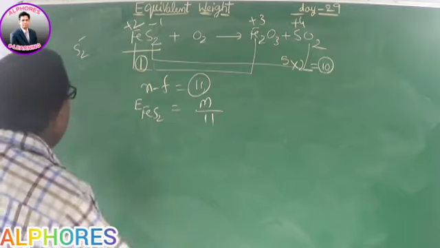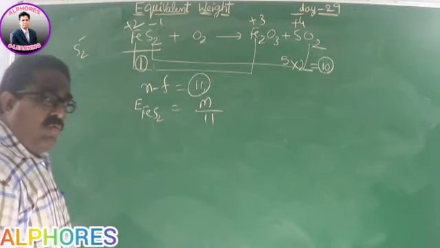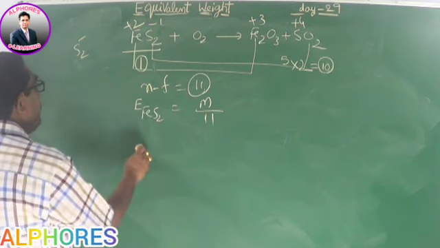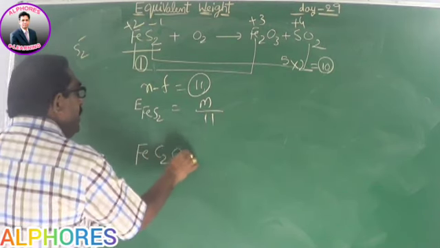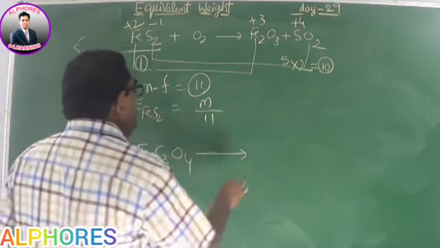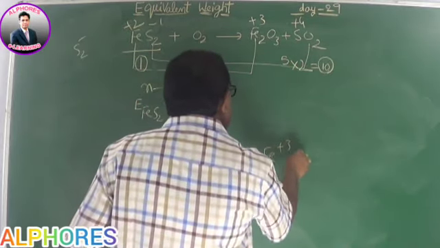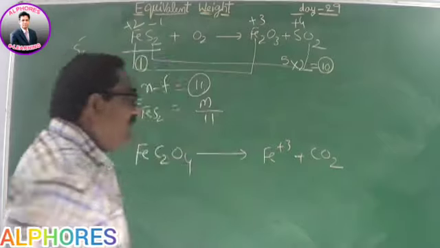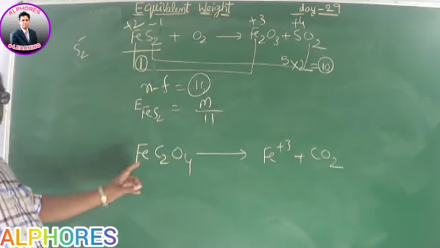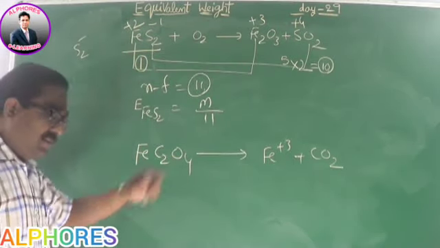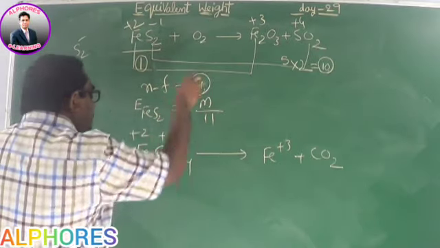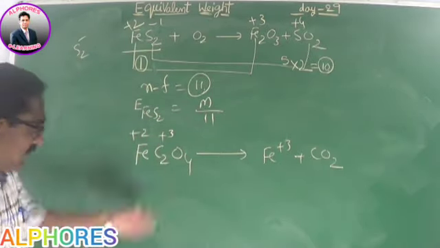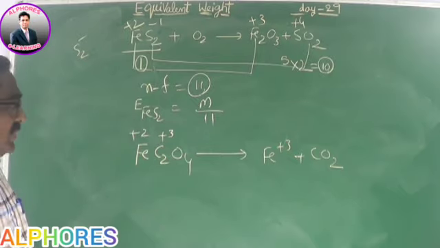Okay, and next let me go for one. FeC2O4 gives Fe +3 plus carbon dioxide. This is ferrous oxalate, because iron is +2, and this carbon is +3. We know the oxalate ion, you can calculate it, no problem.